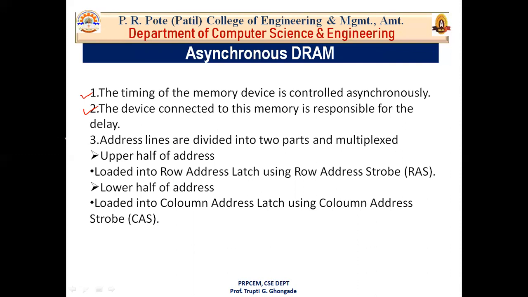Now here, the address lines are divided into two parts and multiplexed as upper half of address and lower half of address. So you have a higher order and lower order in the address. A single address is divided into two categories: upper half and lower half.